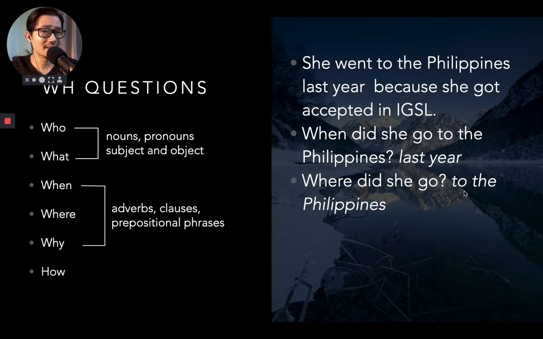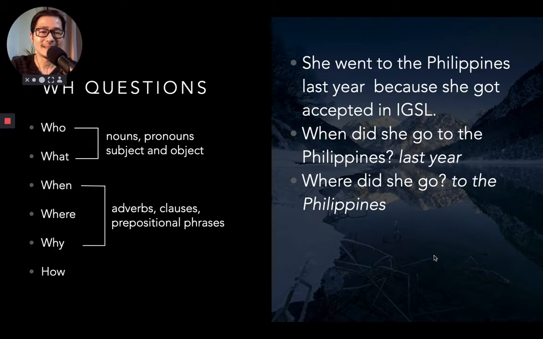Did you notice that? Whenever you use go, there's always a preposition to. Go to the Philippines, go to Manila, go to Vietnam. So there's always a to, except when you use other words like go outside. You don't say go to outside. Or go there. You don't say go to there. Or home. You don't say go to home. So there are exceptions.